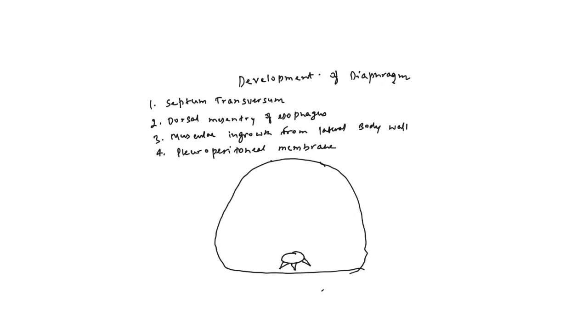First is the septum transversum. This I am showing by this yellow. This is the anterior component. This septum transversum has three things developed from it. First is the opening for IVC, that is on the right side of diaphragm.